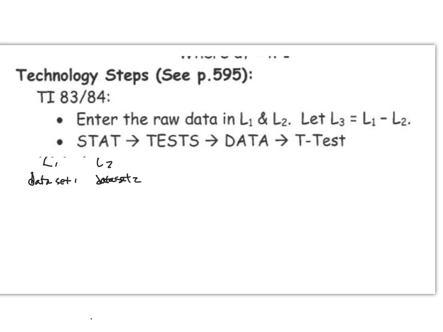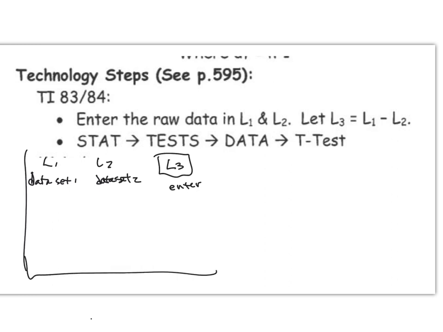And then you're going to scroll over to list 3. You're going to arrow up until you have the top highlighted, and then you're going to push enter. Down at the bottom you should have L3, and the little cursor should be blinking down here.